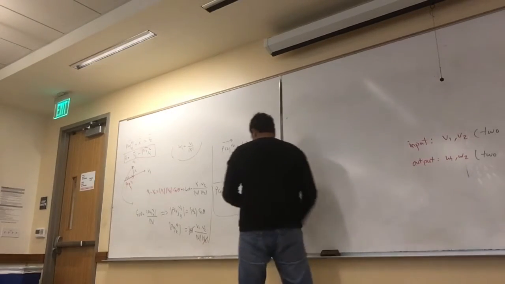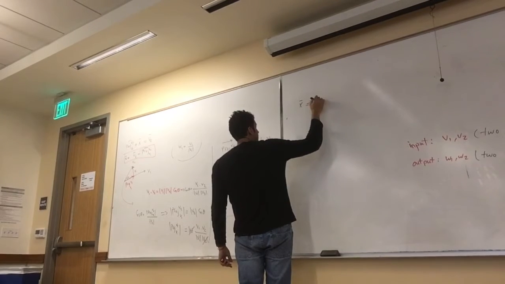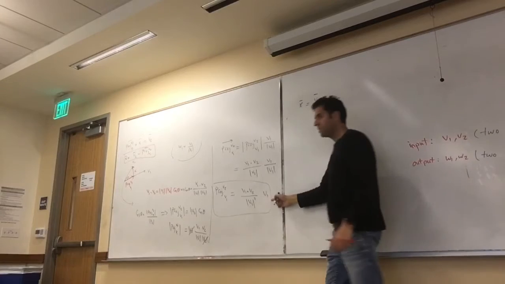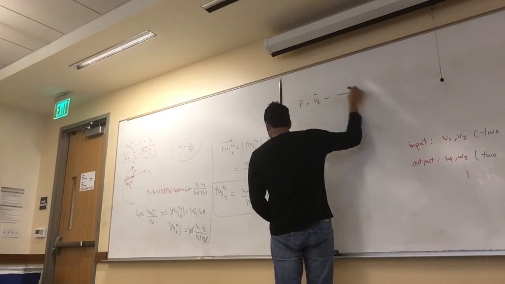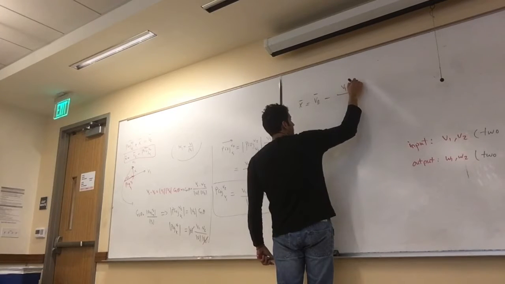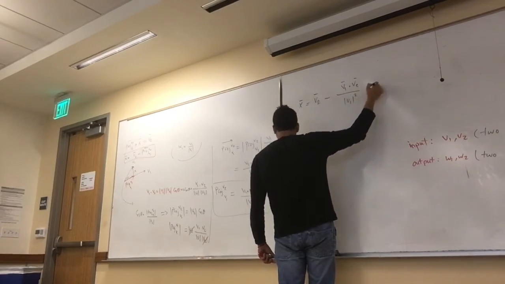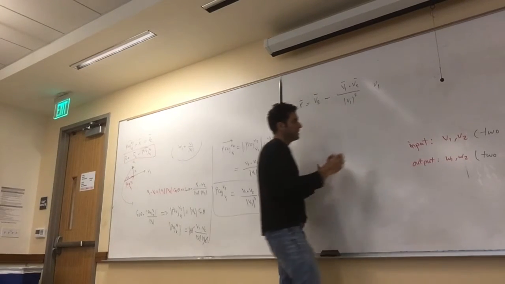So I say this x is V2 minus what I just found here: V1 dot V2 over the length of V1 squared, times V1. Now this x essentially is this.